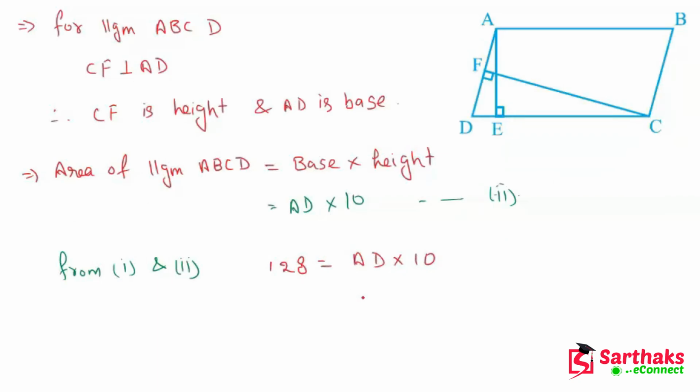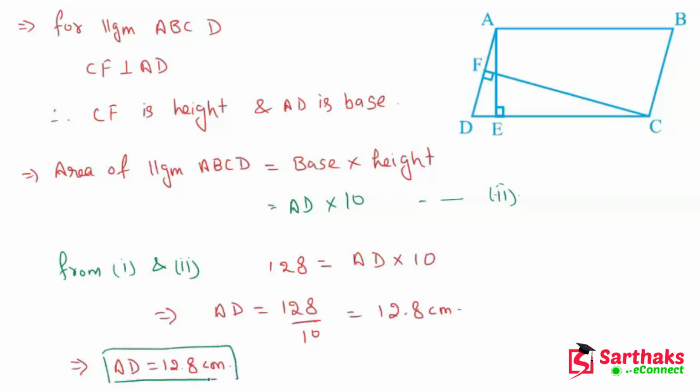So AD is equal to 128 divided by 10. After solving this, we get 12.8 centimeter. So AD is 12.8 centimeter. I hope, my dear friends, you understand how to solve these types of questions.